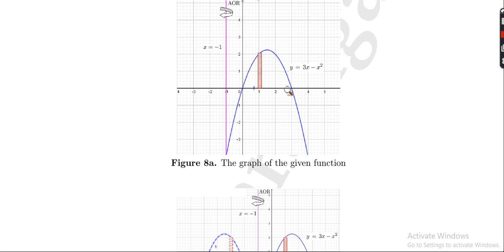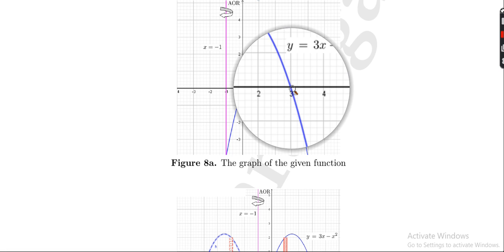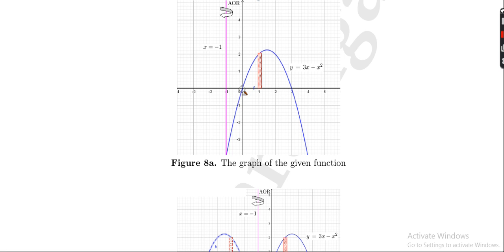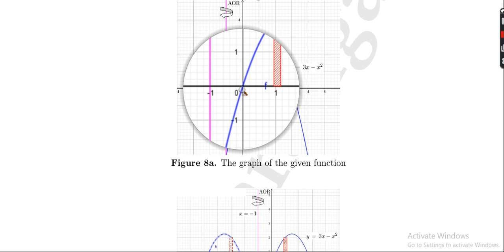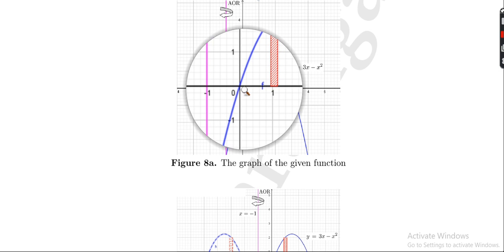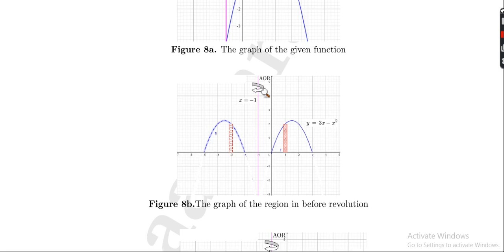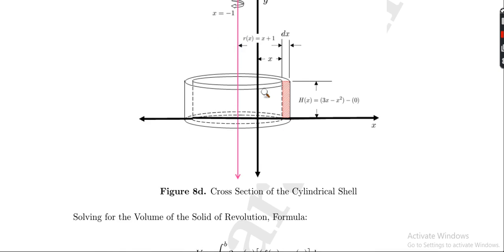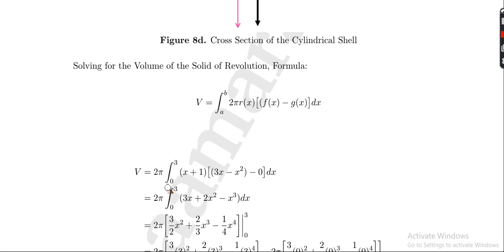So your upper limit, or the right boundary, is x equals 3, and your lower limit, or your lower boundary, or left boundary, is x equals 0. So that's why the limit of integration is from 0 to 3.